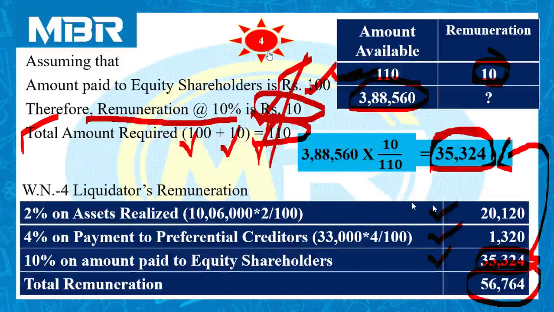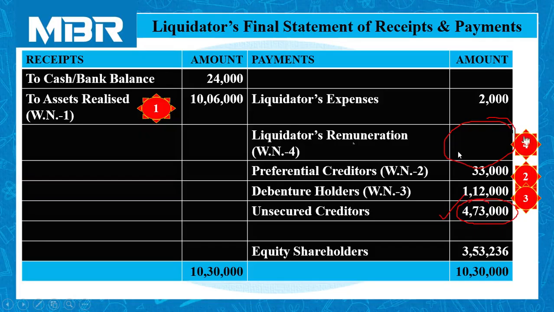Now we have to record this total remuneration of 56,764 in the liquidator's final statement of receipt and payment. At the initial stage, I had left it blank, but the figure of liquidator's remuneration is 56,764, and at the end of the calculation the answer is 3,53,236, that is the difference, or you can say the balancing figure payable to the equity shareholders.